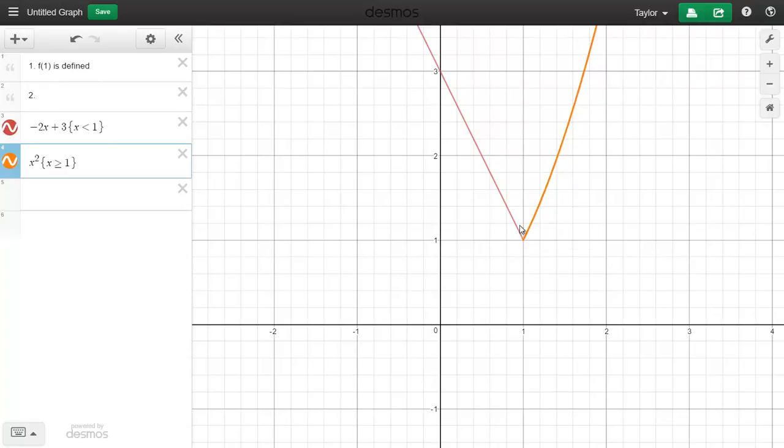So we would say the right-hand limit equals 1. What about the left-hand limit? The x values are getting closer and closer to 1 from the left. The y values are also getting closer and closer to 1. So we would say the left-hand limit equals 1 and the right-hand limit equals 1. Thus, the limit exists.